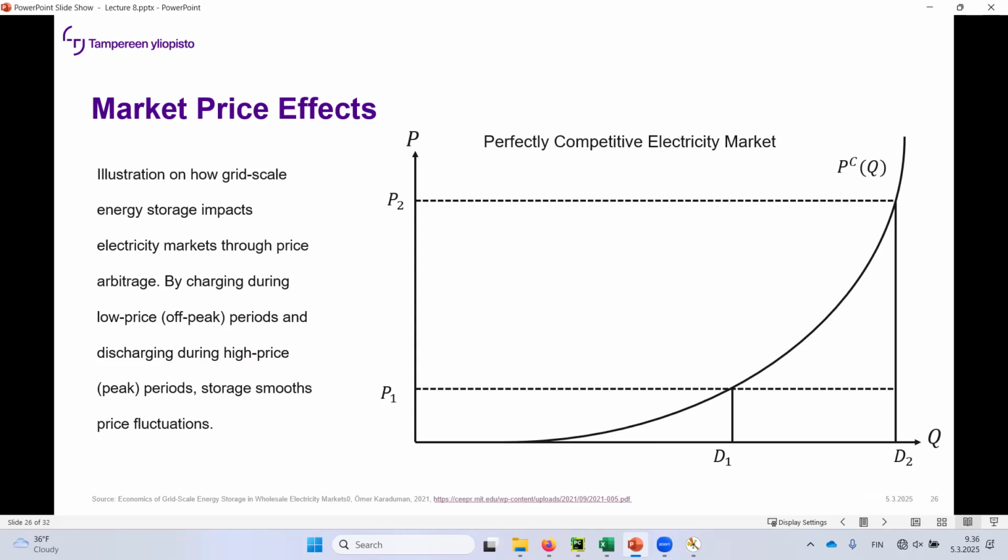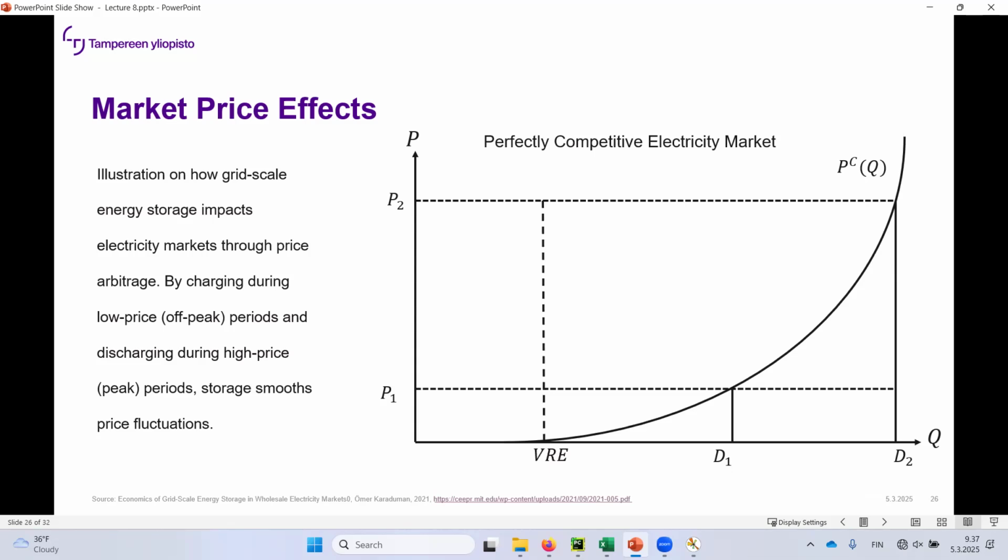And usually this price curve, how did the AI put it for me? Since it's convex, it means that it's not linear. It's more and more expensive towards the end to produce the next unit of electricity.